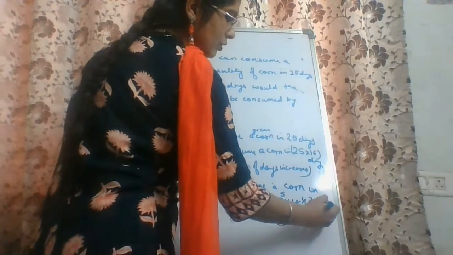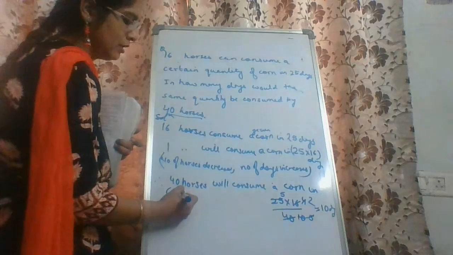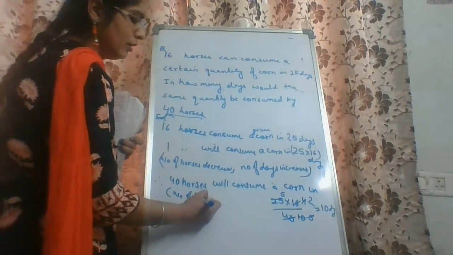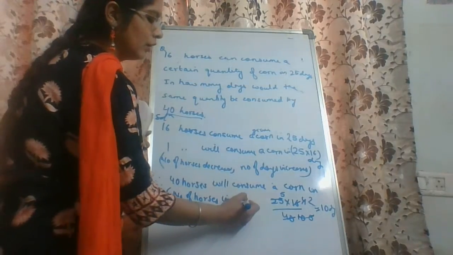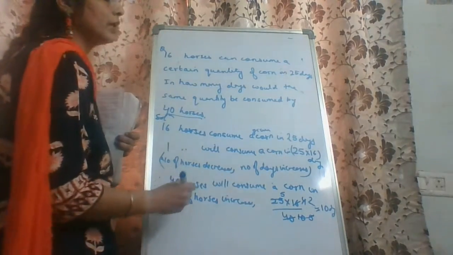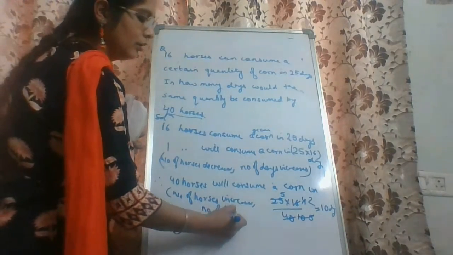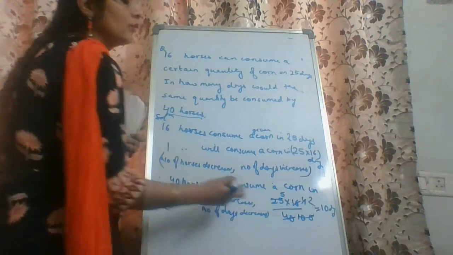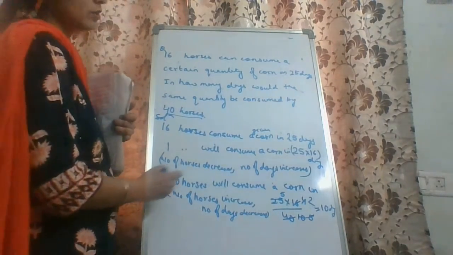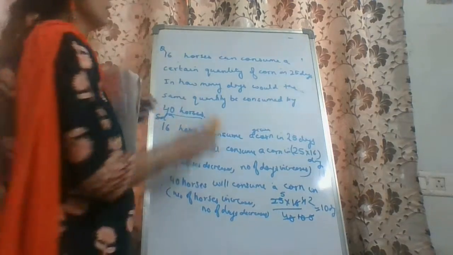This is equal to 10 days. Number of horses increases, number of days decreases. So we see that when there are 40 horses, they consume the same corn in 10 days.